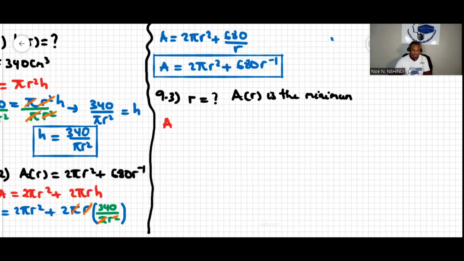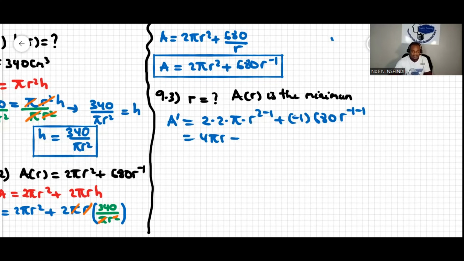Over here, we have that A prime will be equal to 2 times 2 times pi times r to the power of 2 minus 1, plus negative 1 times 680 r to the negative 1 minus 1, which will make 4 pi r minus 680 r to the negative 2. Now we must set this equal to 0.